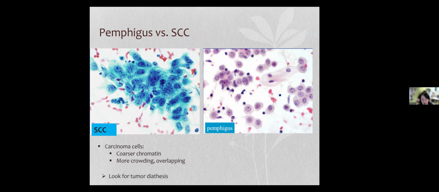Pemphigus is another one. It's rare, I haven't seen pemphigus, but keep it in your differential if you encounter it. But with squamous cell carcinoma, you still look for those features.